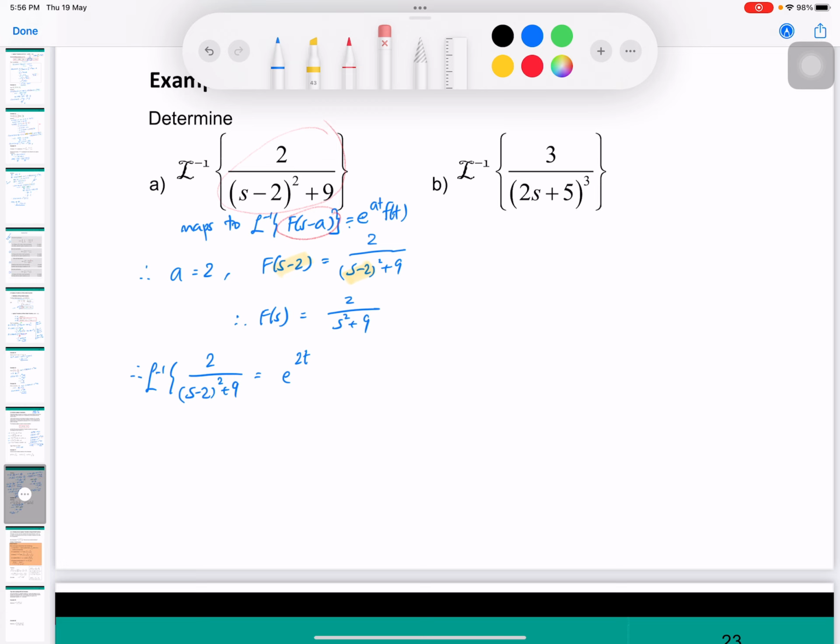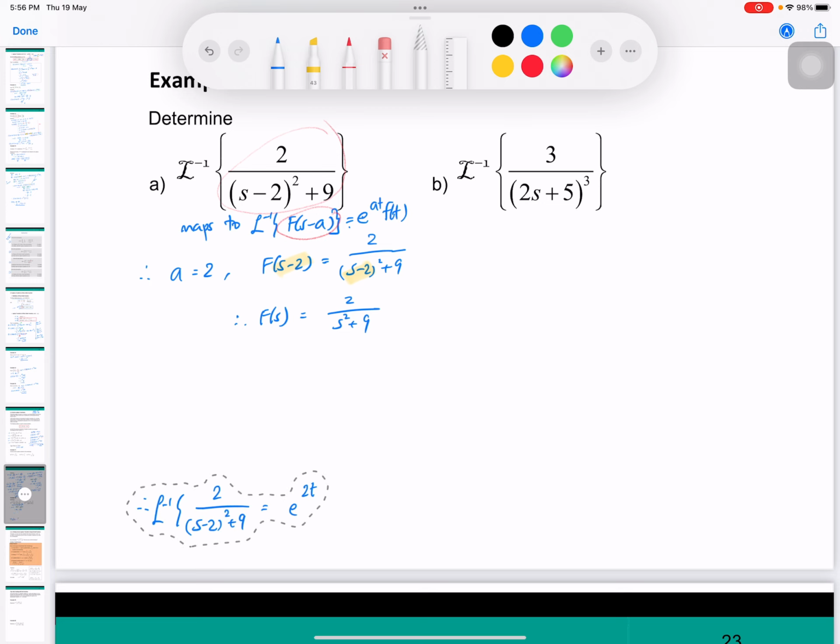Sorry, I think we missed out one more step. We put this one to later on, okay? I still need the f of t. With this f of s, I can find my f of t first because I'll need to use it later on. Okay, this is 2 over s squared plus 9. For f of t, you have to take the inverse Laplace.